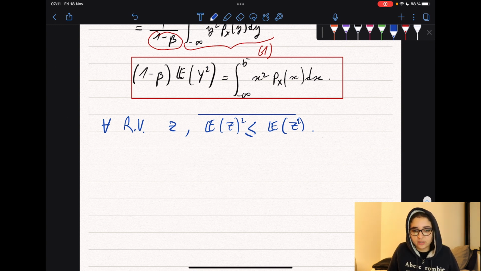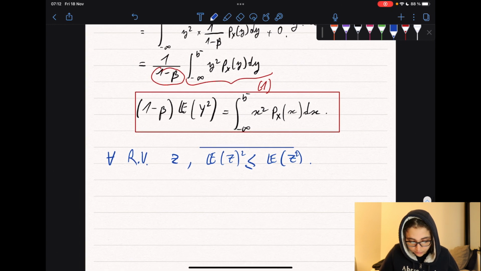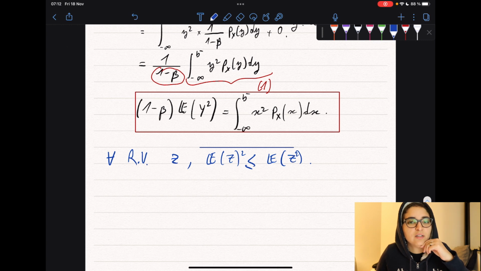And we're just gonna use this to show that there is some sort of upper bound for the integral number 1, and let's use that as well as the expressions that we have just found of the expectations of some integrals that are interesting to us in terms of y.